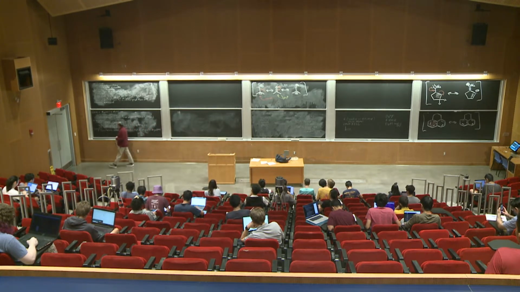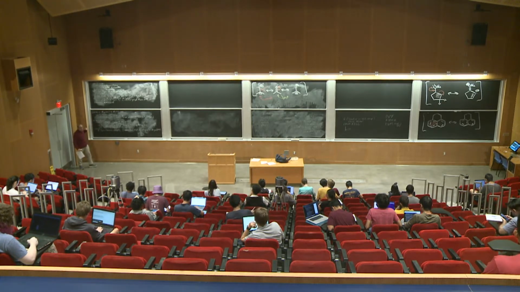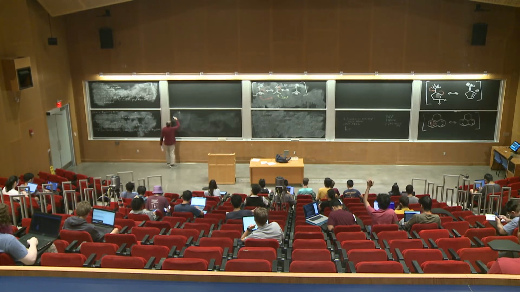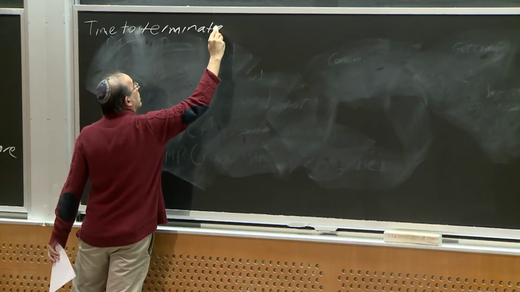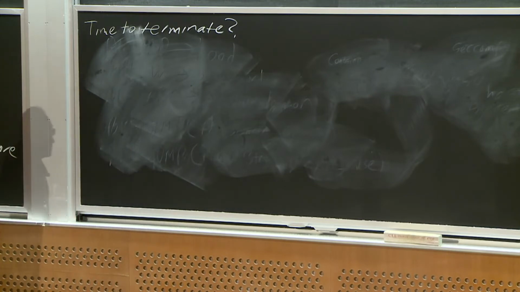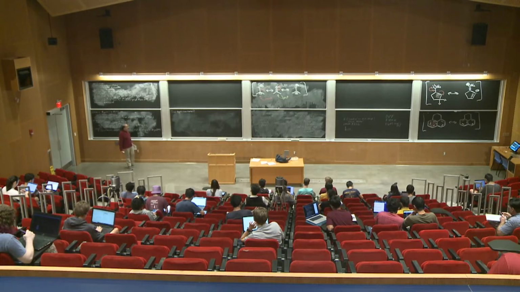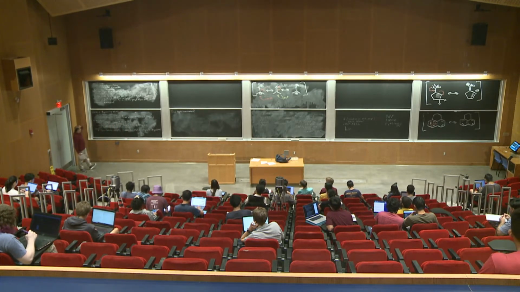Okay, so now we've said finite time, right? This does terminate, but what can we say about how long it takes to terminate? Well, at the moment, we're just saying that we add at least a unit of capacity on every augmentation.